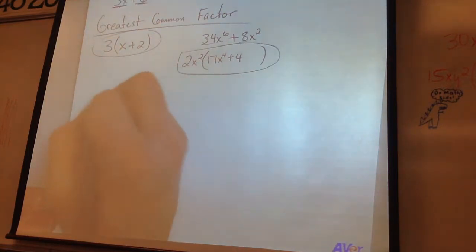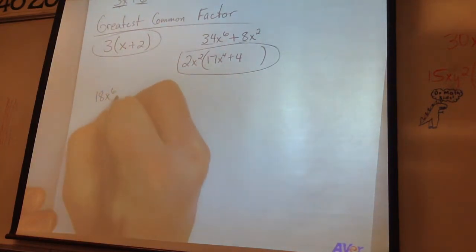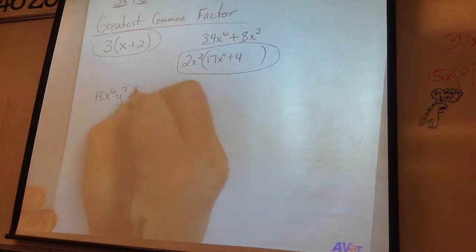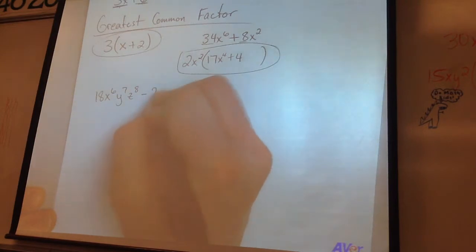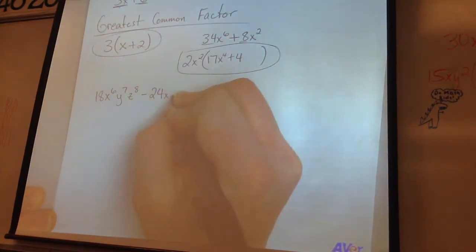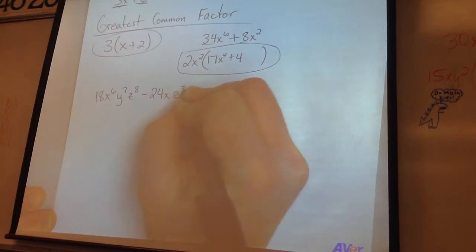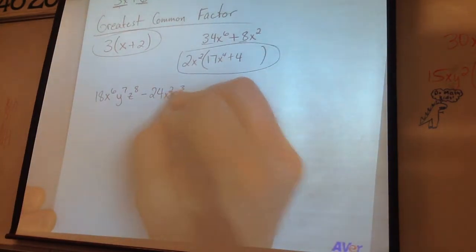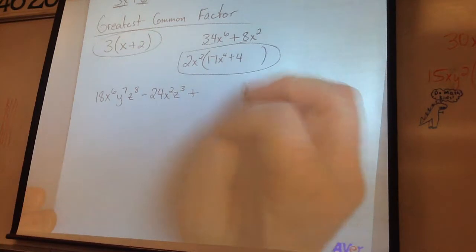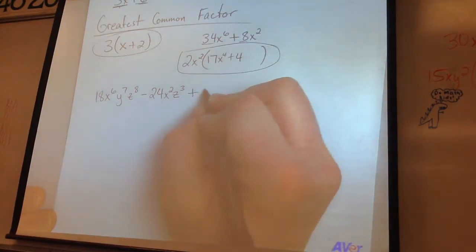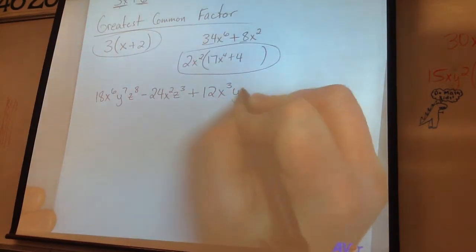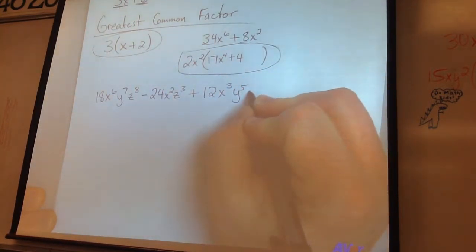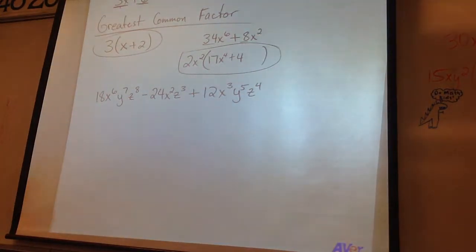Let's go like 18x to the 6th, y to the 7th, z to the 8th, minus, how about 24x, z to the 3rd, whole squared, plus 12x to the 3rd, y to the 5th, z to the 4th. That's about as hard as they get.